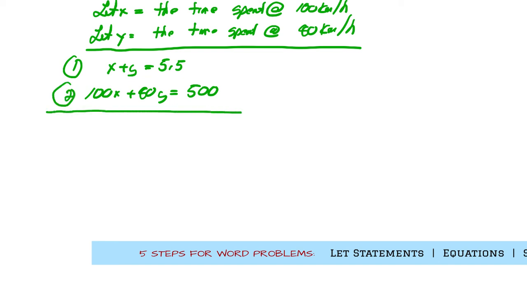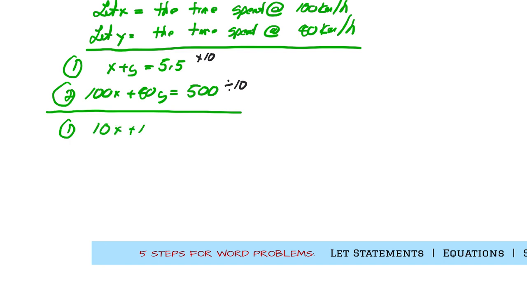Now you can scale up and scale down equations. And I could multiply my top by 2, and that would be probably the quickest way to get rid of my 5.5. But I'm going to multiply the top by 10, and I'm going to divide the bottom equation by 10. You can do anything you want as long as you're following the mathematical rules here. I'm looking at this, and just through experience, I feel this is the best way to go.